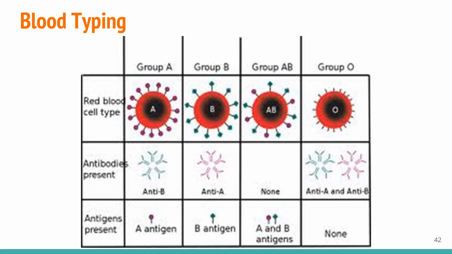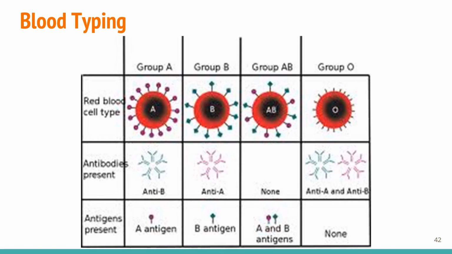The Rh system works like this: if you have Rh positive, that means the Rh factor antigen is present in the red blood cell. If you're Rh negative, there is no Rh factor present in the red blood cell, so there are no anti-Rh antibodies present naturally in the plasma. This is for Rh negative.